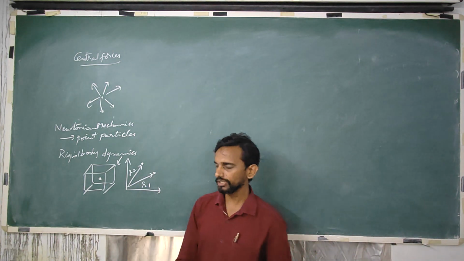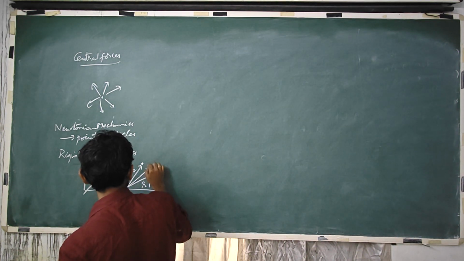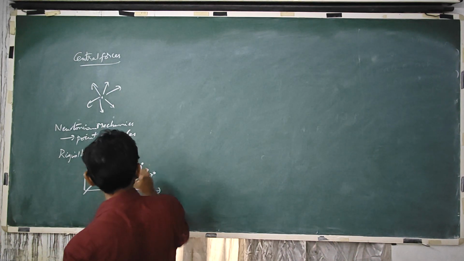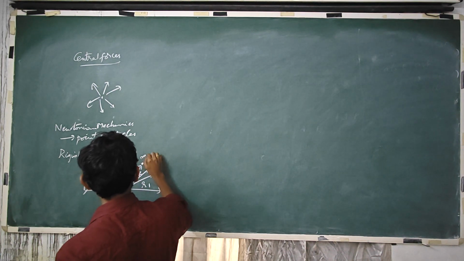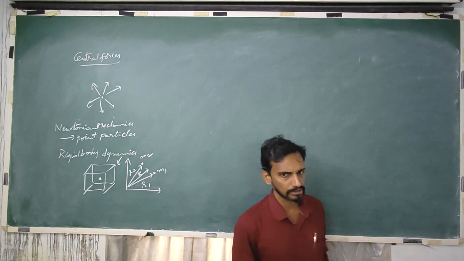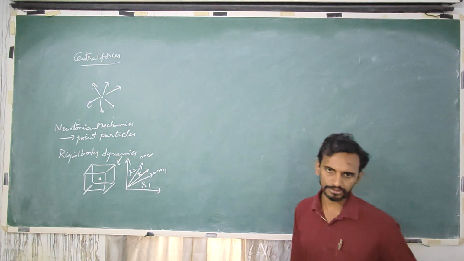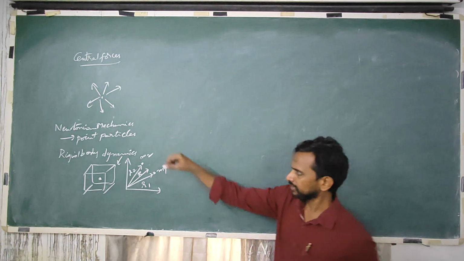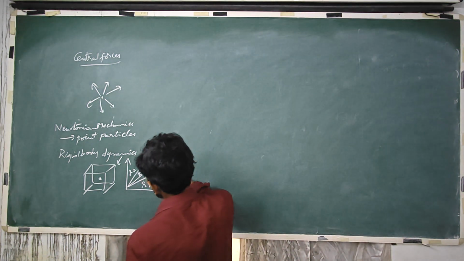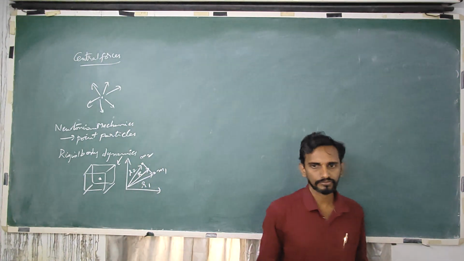I need to identify a point where the actual mass is focused. Let's say m1 is the mass of the first object and m2 is the mass of the second object, and locations are given by r1 and r2 from the origin. We need to identify the location R where the entire mass of the system seems to be concentrated.